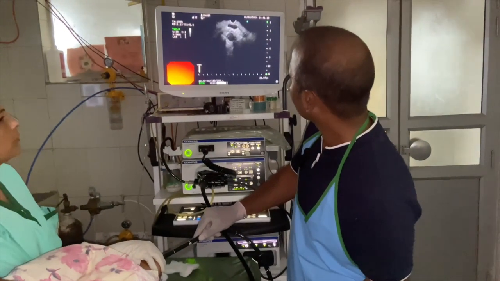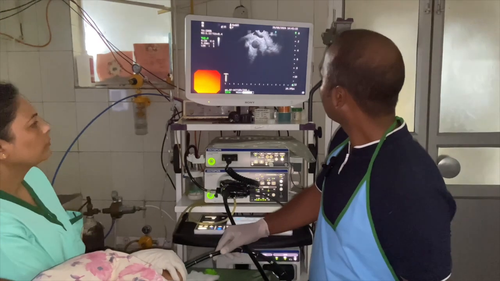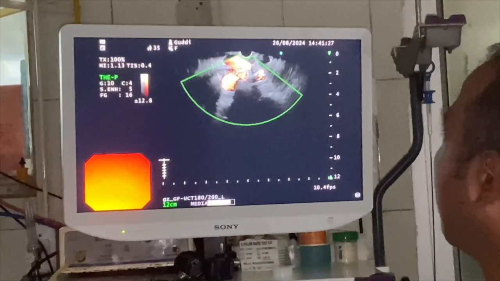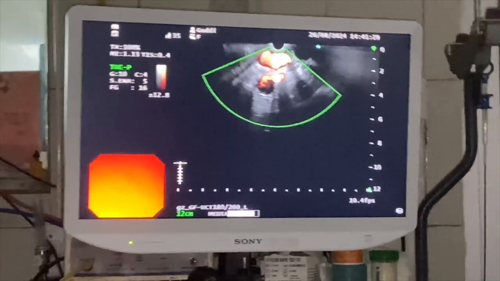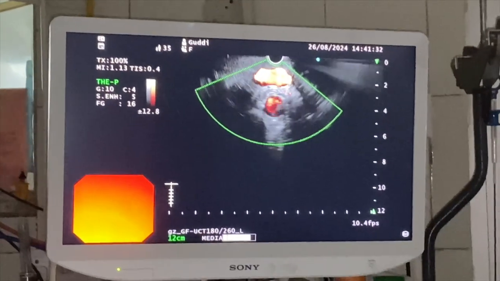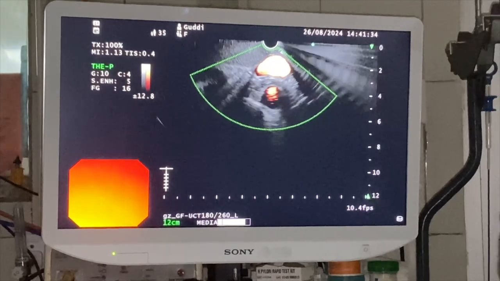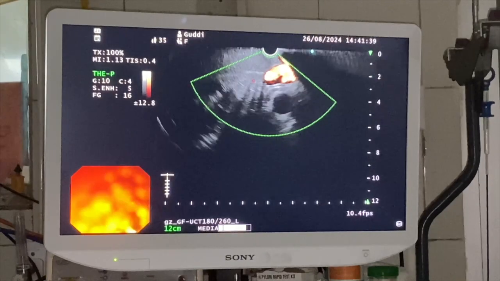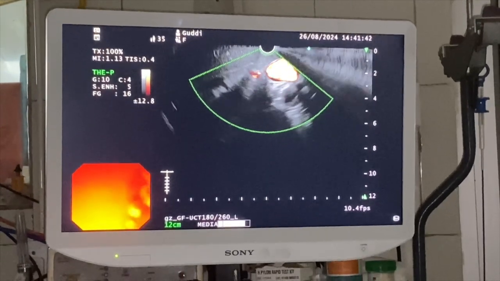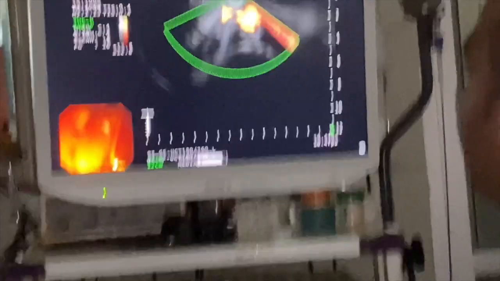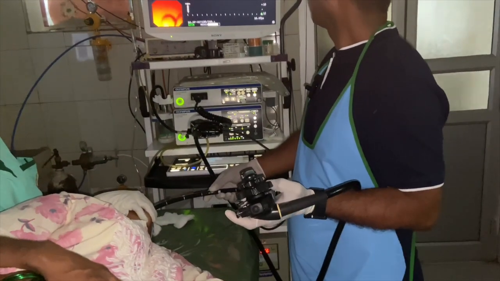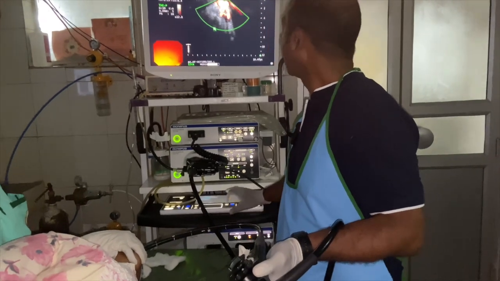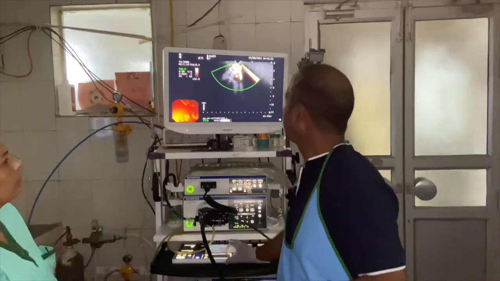and your anti-clockwise, and the up and down knob away from you. Here is the portal vein.